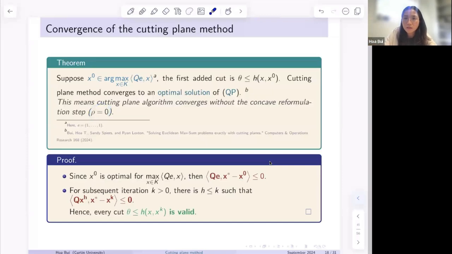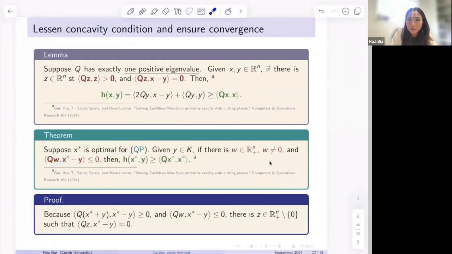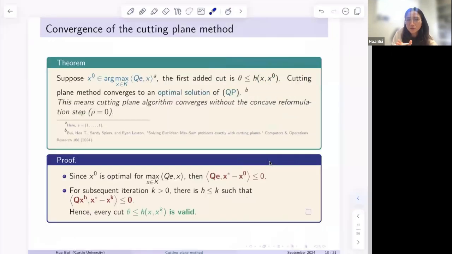And then the cutting plane method still converges to the optimal solution of the QP. This is thanks to the fact that whenever you solve the repeated LP to optimality, we can show the existence of the vector w here, and the cutting plane constructed at that new optimal solution is always valid.